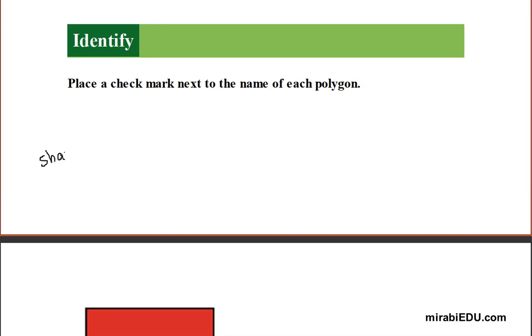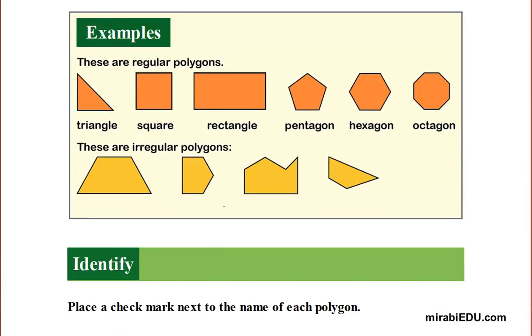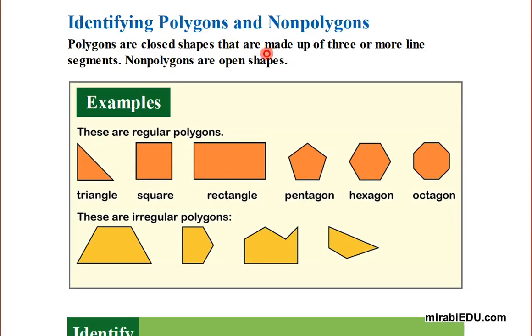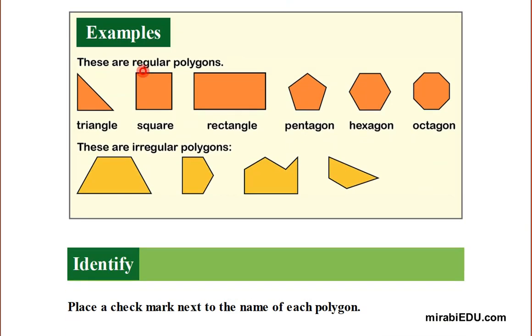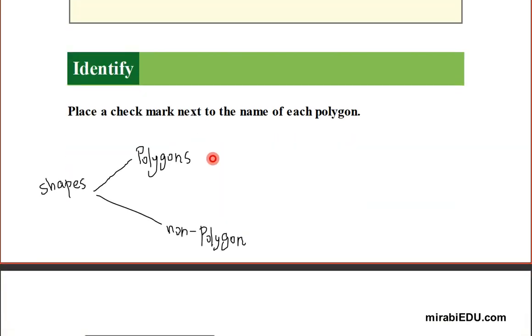In geometry we have some shapes. These shapes are divided into two parts, polygons and non-polygons. As we read, the definition of polygons was that they are made up of 3 or more line segments. So polygons are made of line segments.